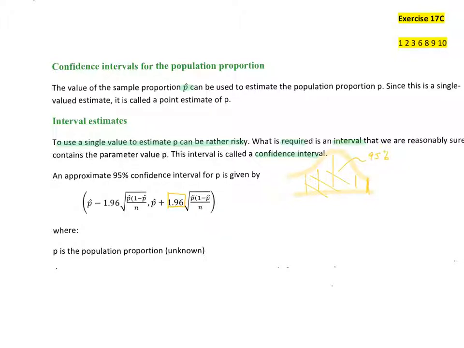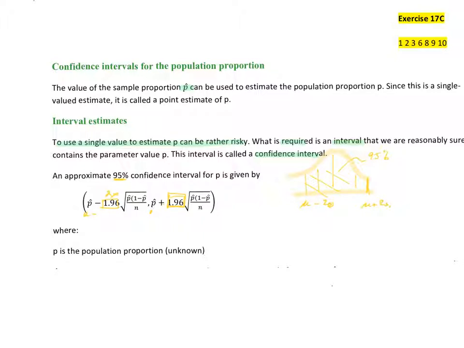So to come up with a confidence interval, instead of doing the mean minus 2 standard deviations and the mean plus 2 standard deviations, we're going to do the mean minus 1.96 standard deviations and the mean plus 1.96 standard deviations. So the 1.96 really is just a more accurate number of standard deviations from the mean, or from p hat in this case.